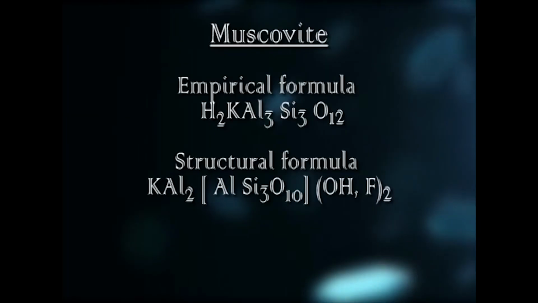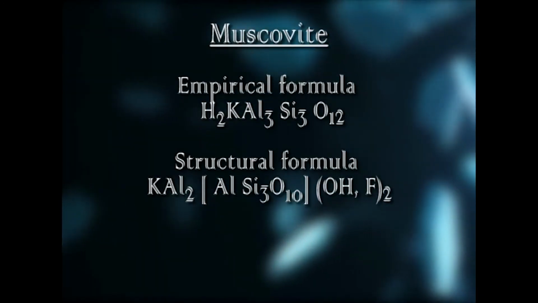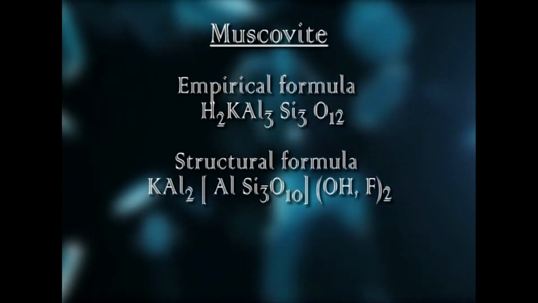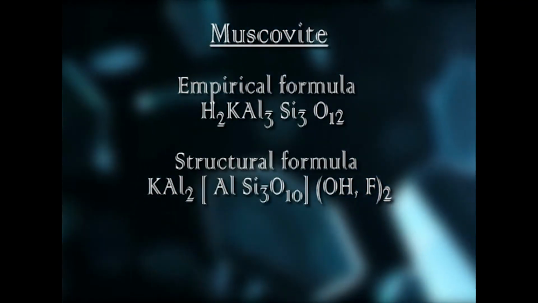As an example, the empirical formula of muscovite is H2KAl3Si3O12, while its structural formula is KAl2(AlSi3O10)(OH,F)2. The structural formula tells that muscovite contains an intricate anionic complex in its structure. Presence of water is as hydroxide and not as H2O, and can be replaced by fluorine anion.